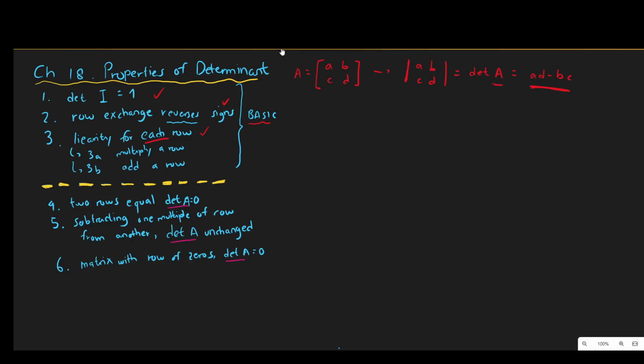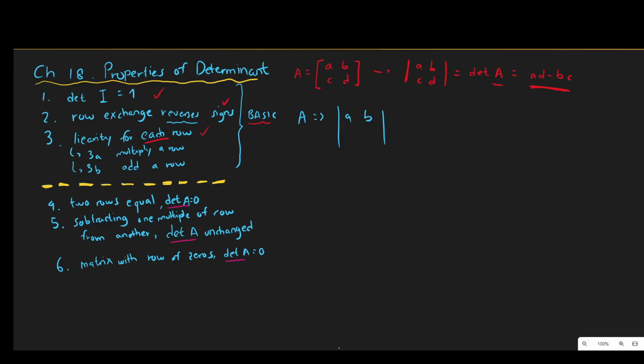So let's continue on with property number 4. If two rows are equal, the determinant of A is 0. Let's bring back our matrix A here. I'm interested in knowing the determinant of this matrix. These two rows are equal.